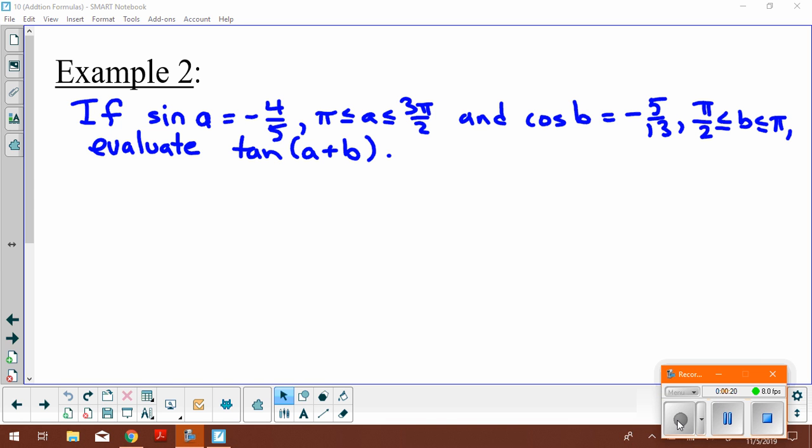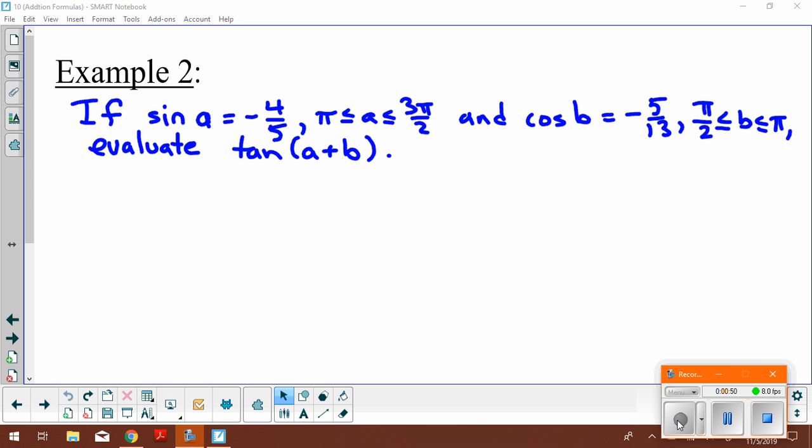If sine of A is negative 4/5 and A is between pi and 3 pi over 2, and cosine of B is negative 5 over 13, and B is between pi over 2 and pi, we're going to evaluate the value of tan of A plus B. Okay. So first thing to note here is we did a problem like this a couple days ago when we started moving into the section of trig, right?